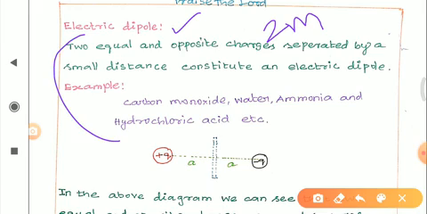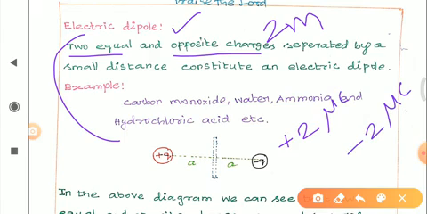two equal charges, they should have equal magnitude, then opposite direction. Opposite direction, equal magnitude, that is plus 2 microcoulomb, and another one is minus 2 microcoulomb.